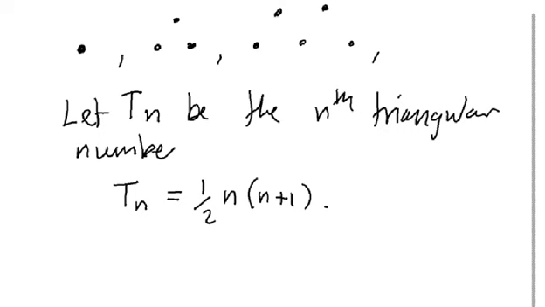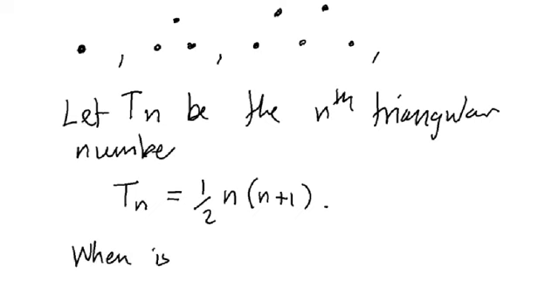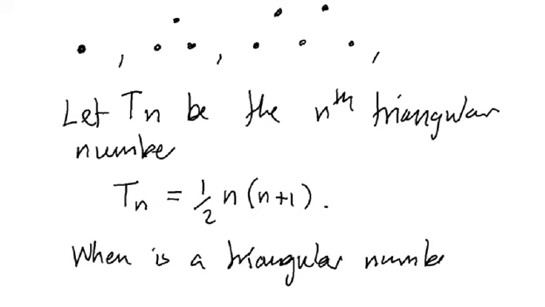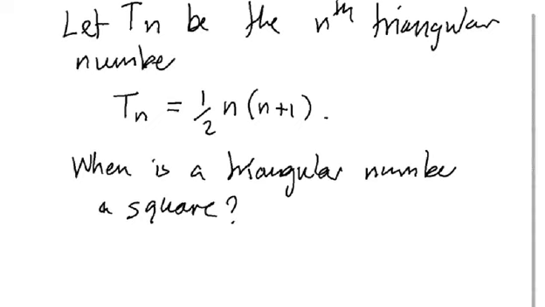So now, this is a question I want to ask. When is a triangle number a square? So what does that mean?